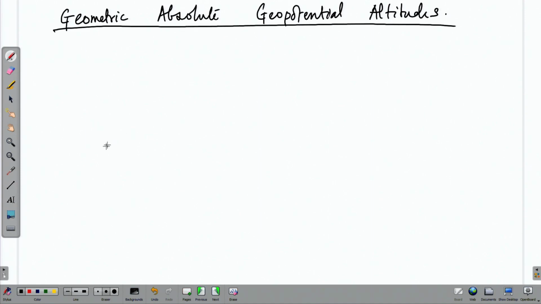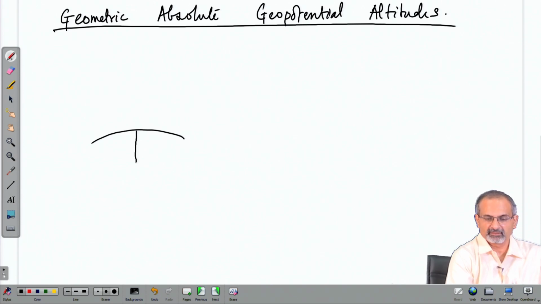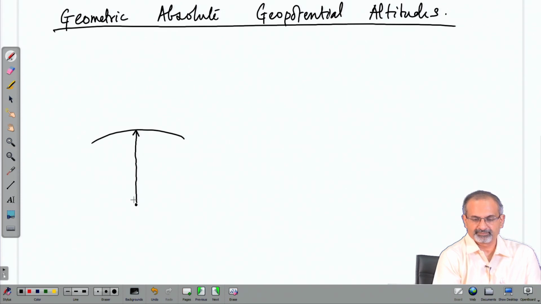Let us draw a simple sketch first. Let us say this is the Earth's surface, this is the radius of Earth, and let us say from the Earth's surface you are at a certain altitude. So, we will define this as the geometric altitude. So, what is the geometric altitude?